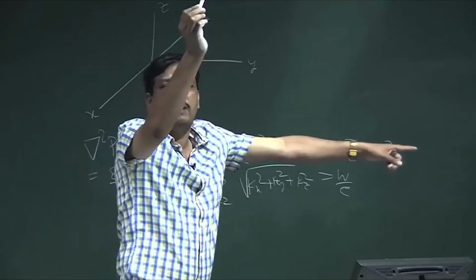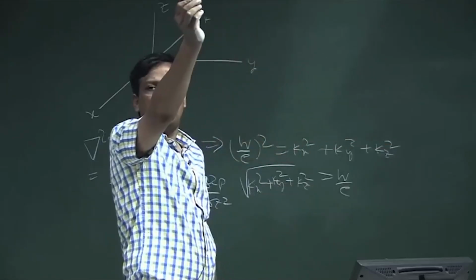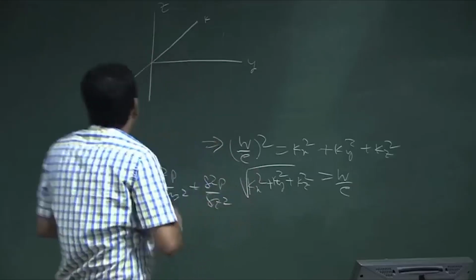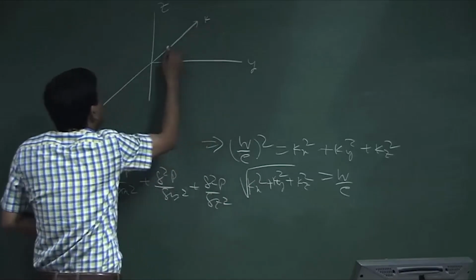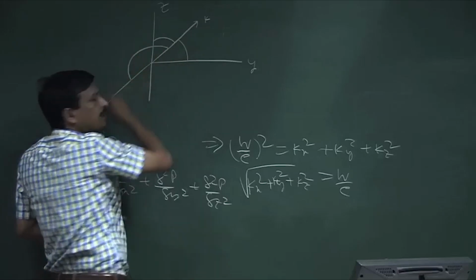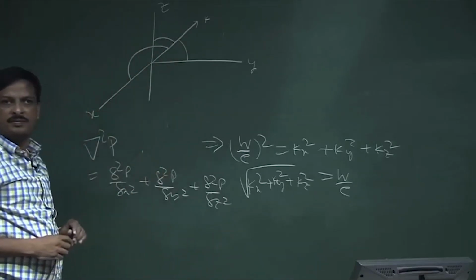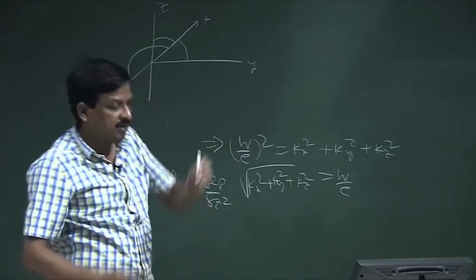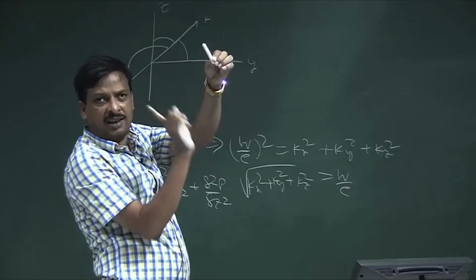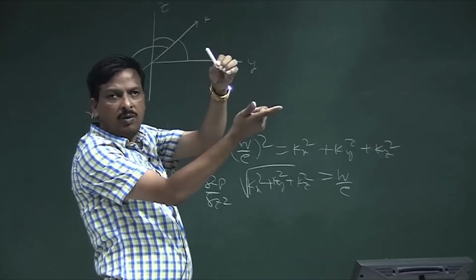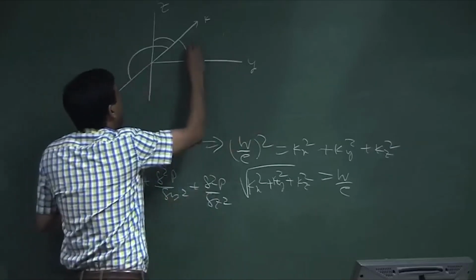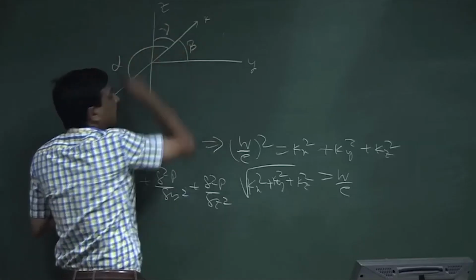From one corner, if this corner is the origin, to here it has an amplitude and has an angle with the x axis, y axis and z axis. So the propagation vector k has an angle with the z axis, with the y axis, and with the x axis. The angles are beta, alpha, gamma.